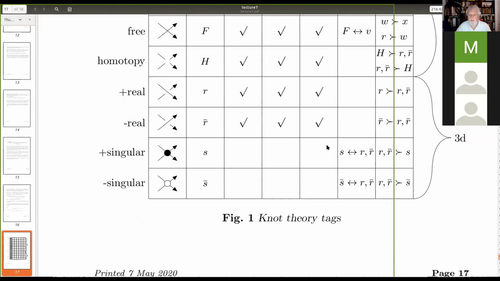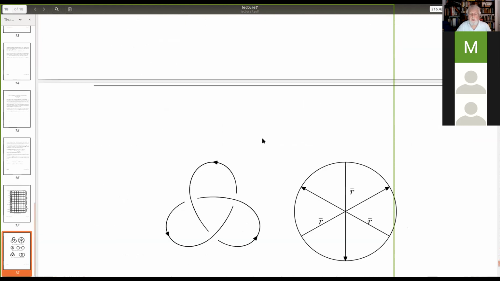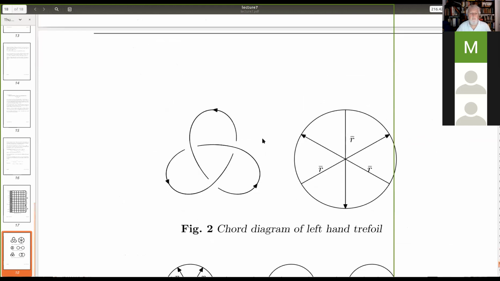Anyway, I will maybe come back to that later, but I want to say why we get virtual knots. One way they're invented is, let's look at the trefoil. This is the left-hand trefoil, represented by an embedding of a circle into space.